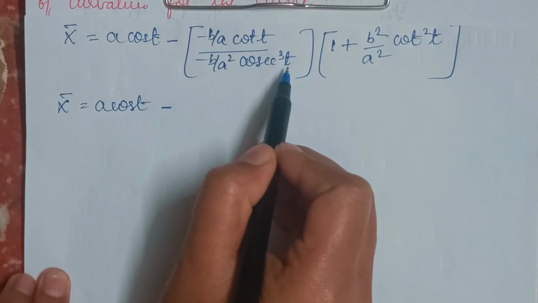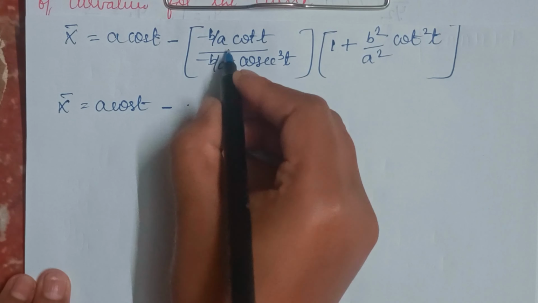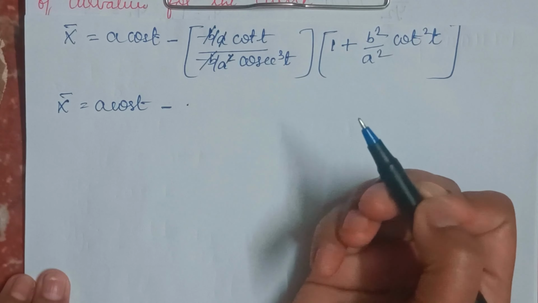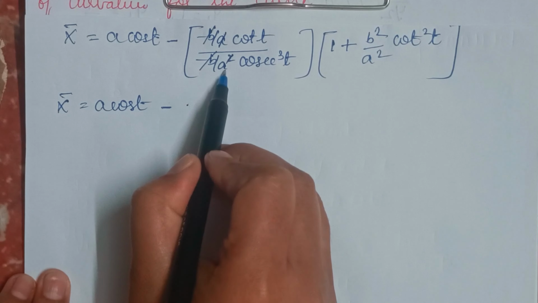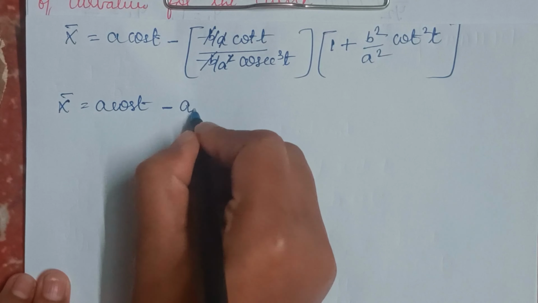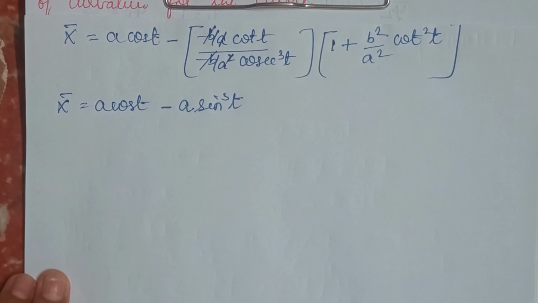What I can do, I can write this as, okay, square and a will get cancelled, minus b and minus b will get cancelled, so I have a left here. So it is a cosecant cube t. So I can write this as a sine cube t, correct? I'll just write it down here.